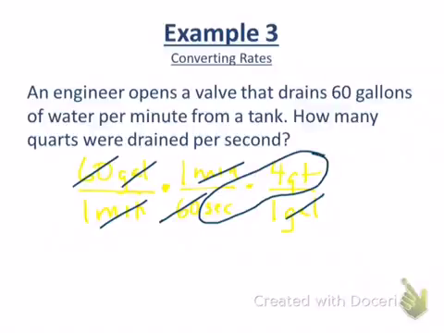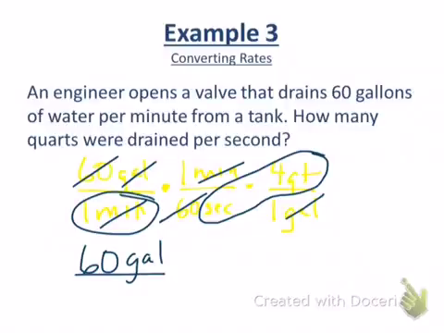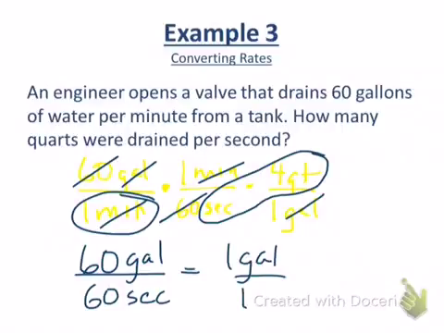Right? That's really easy. Now, this particular problem is really easy right out of the blocks. 60 gallons is per 1 minute, but you could just replace 1 minute with what? 60 seconds. That's 1 gallon per second, and 1 gallon is 4 quarts per second.